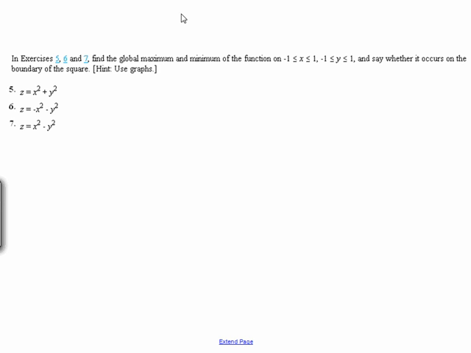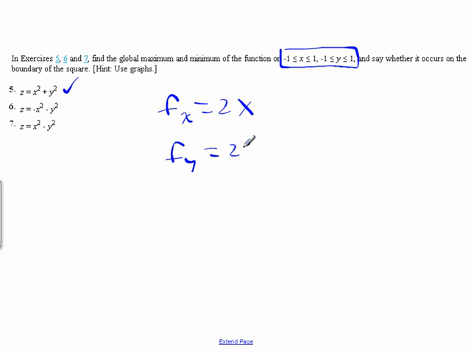So let's look at one of these examples. We have this following function on this region. Looking at the partial derivatives, we're going to have a local max or a local min at the point 0, 0.